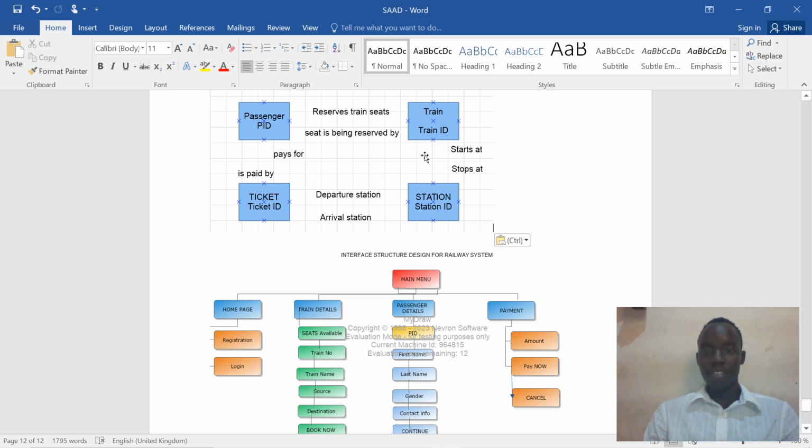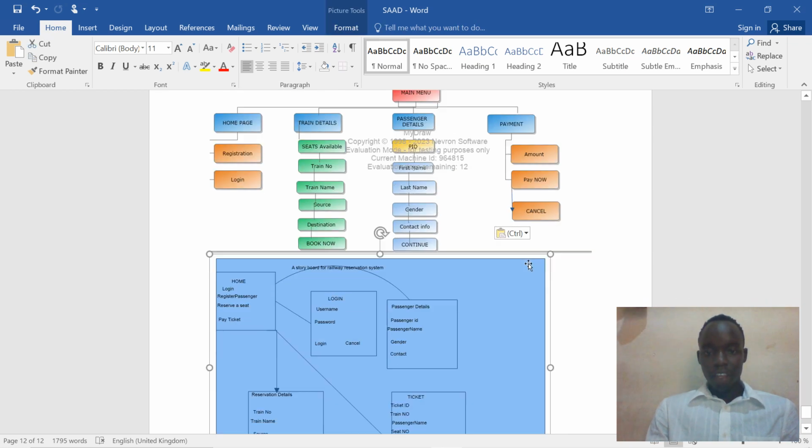Also, one ticket belongs to one passenger. And one ticket is associated with one specific seat on that train.